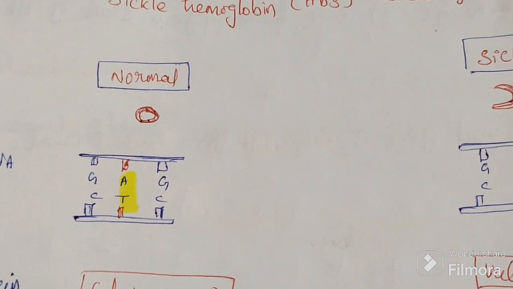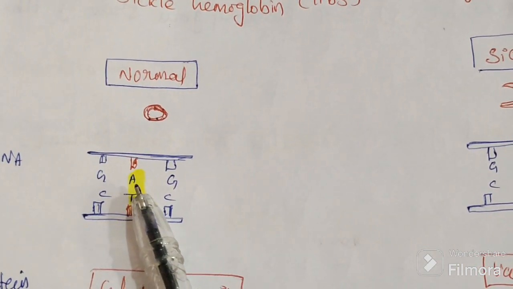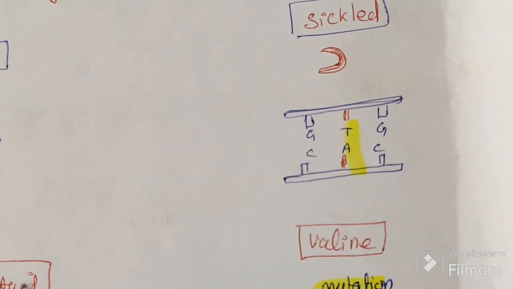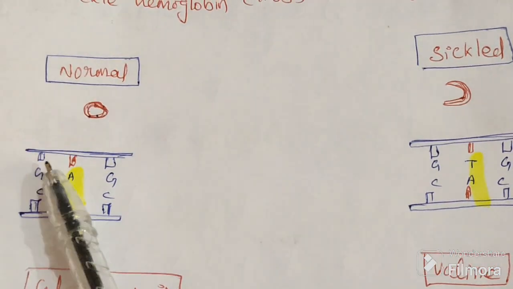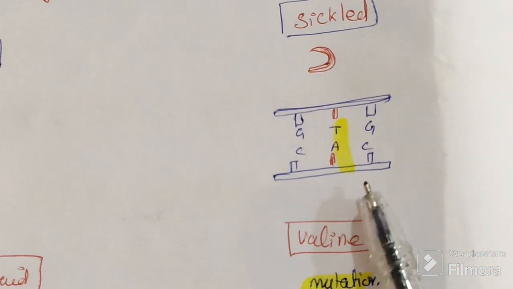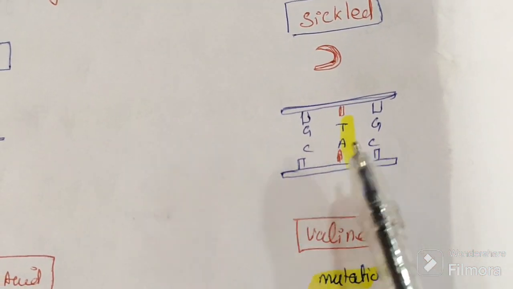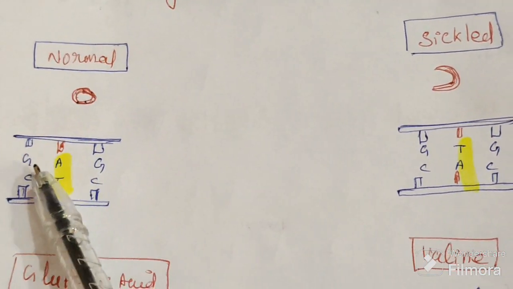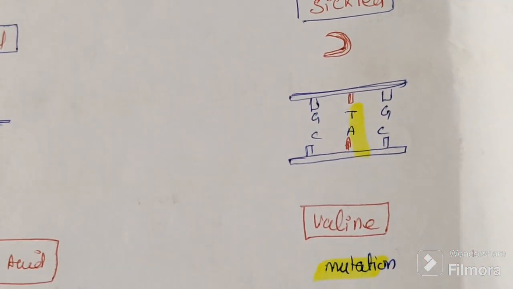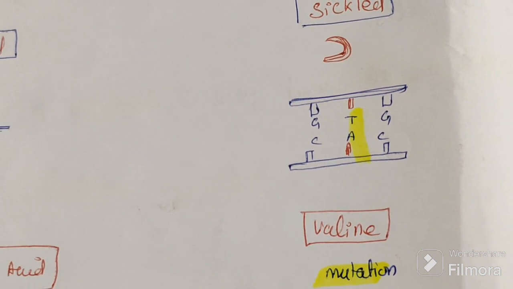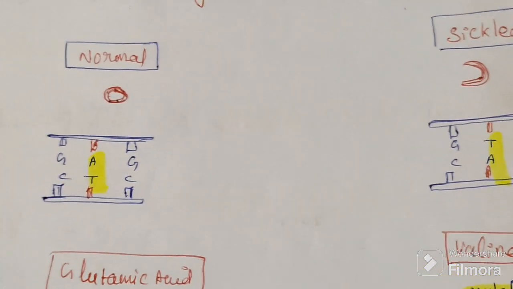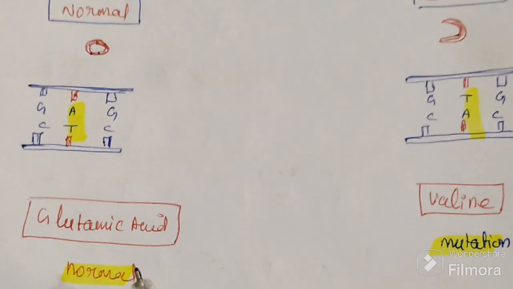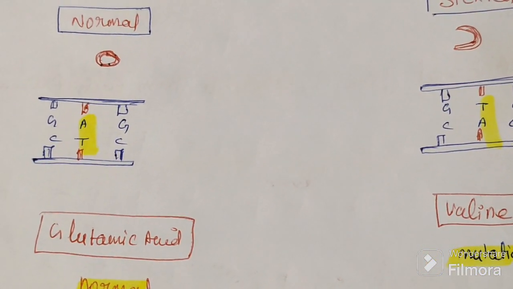GAG, but here adenine is replaced by thymine. So instead of GAG, it's GTG. So that is the point mutation. When it was GAG, it was coding for glutamic acid.